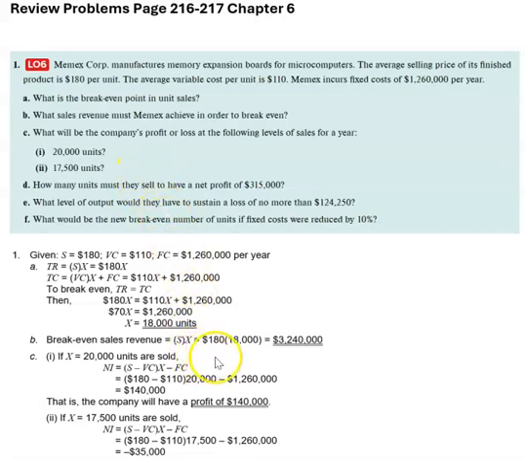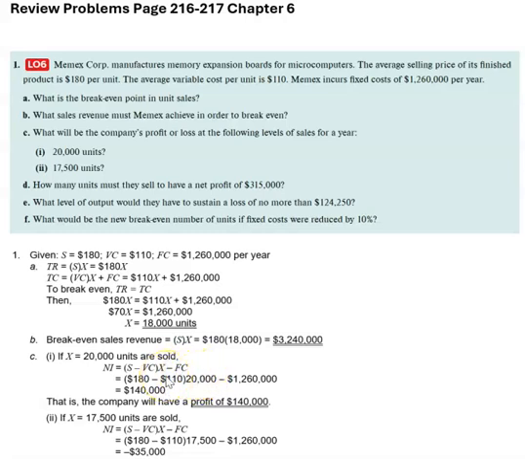So for 20,000 units, we want to find out what the profit is. So we're going to use net income equals. And here we've grouped it together.